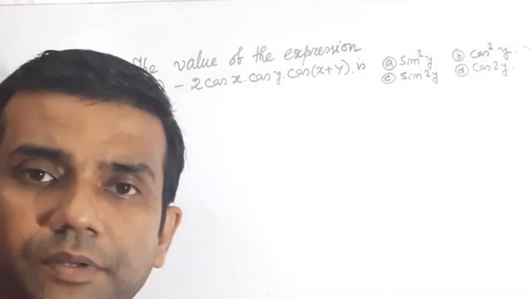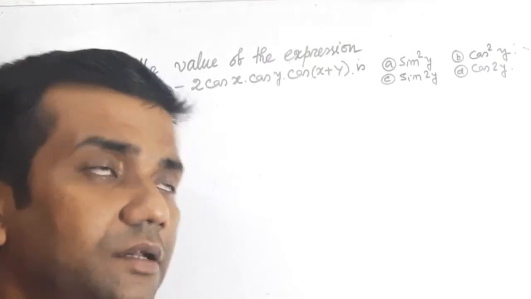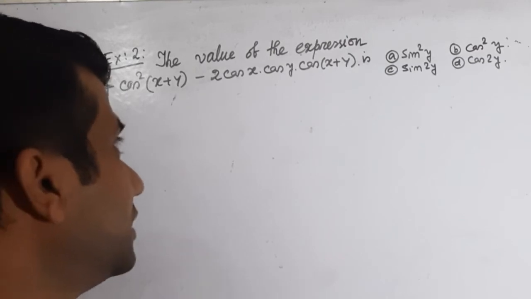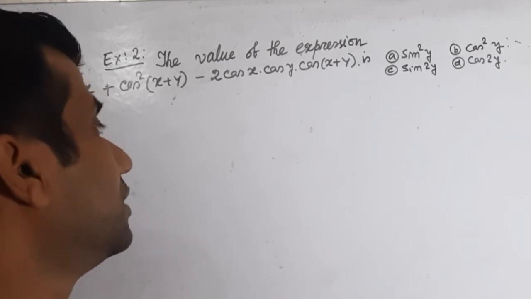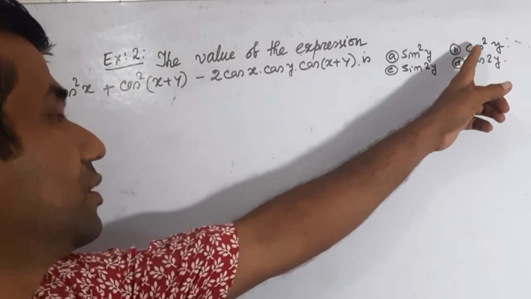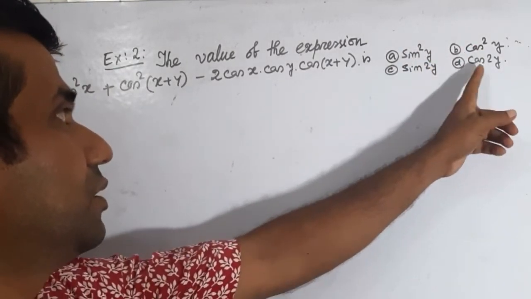The next example: the value of the expression cos square x plus cos square x plus y minus 2 cos x cos y cos x plus y is: sin square y, cos square y, sin 2y, cos 2y.